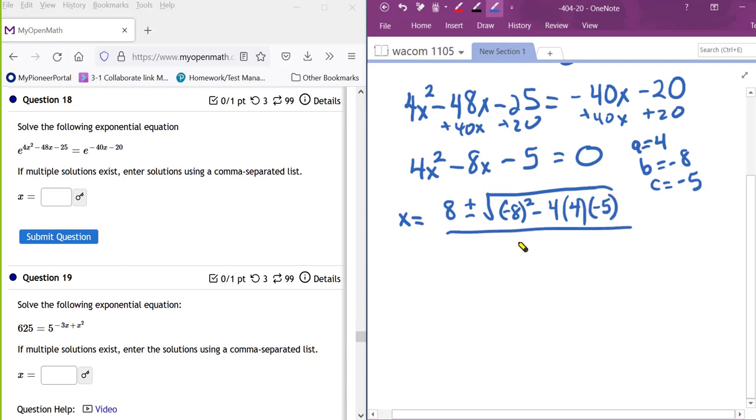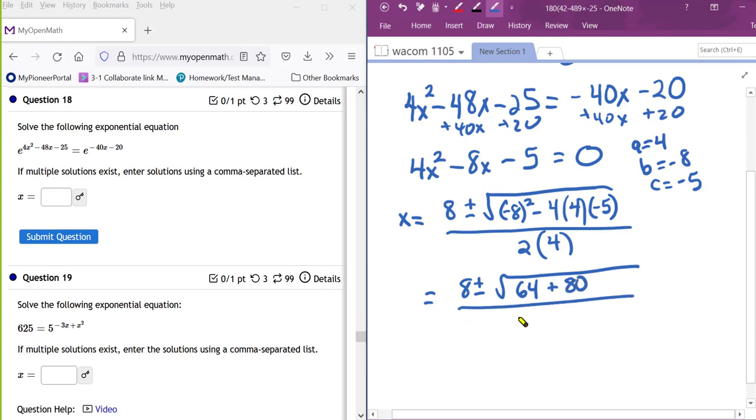Whole thing is over 2 times a. Right, then we clean up. So we have 8 plus or minus square root, negative 8 squared is 64. This will give us plus, and we have 4 times 4 is 16 times 5 is 80 over 8. This gives us 8 plus or minus the square root of 144 over 8.